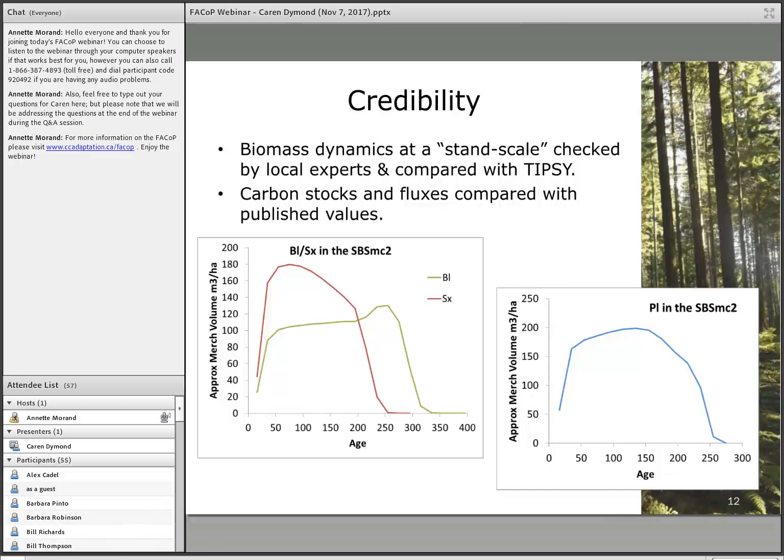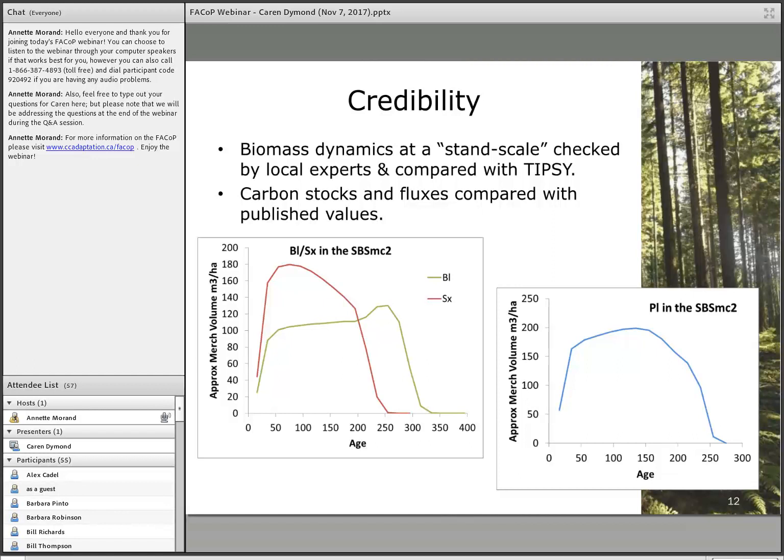Because this was the first time we'd used this model in this study area, we spent a fair amount of time trying to build up our own confidence in the credibility of the model output. Part of that involved back calculating from carbon the merchantable volume and creating these growth curves that you see in the graph, and comparing those with the Ministry of Forest growth and yield models, and having local experts review them and provide feedback.